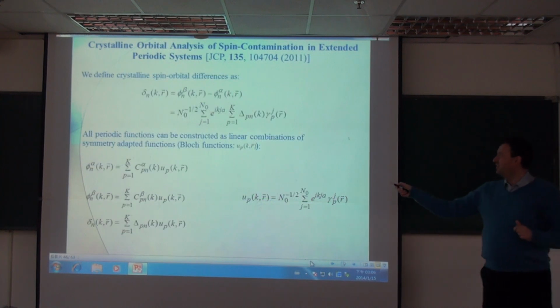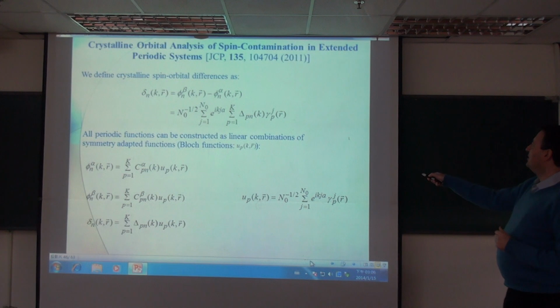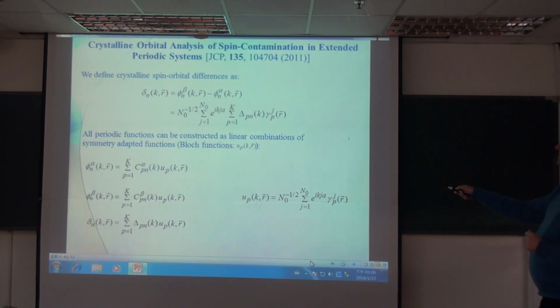In the same way we can define the crystalline spin orbital difference between spin alpha and spin beta crystalline orbitals, and we can expand them in terms of the crystalline orbitals using this formula here. All these functions are periodic, thus they have translational symmetry, and thus they can be constructed as linear combinations of symmetry adapted functions, which are commonly referred to as Bloch functions, given in this formula here.